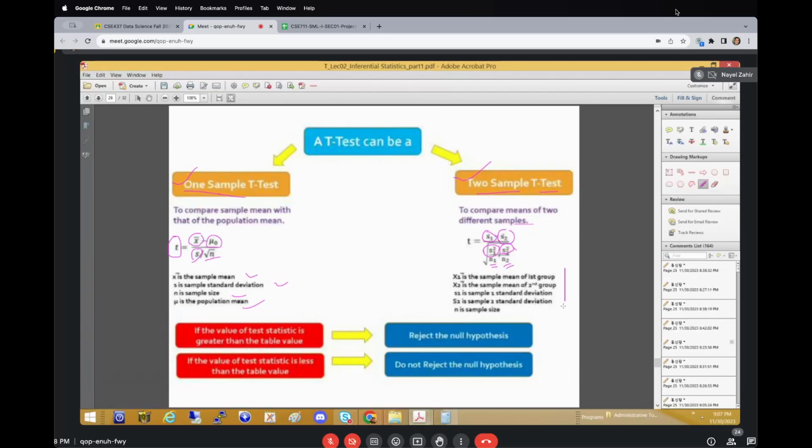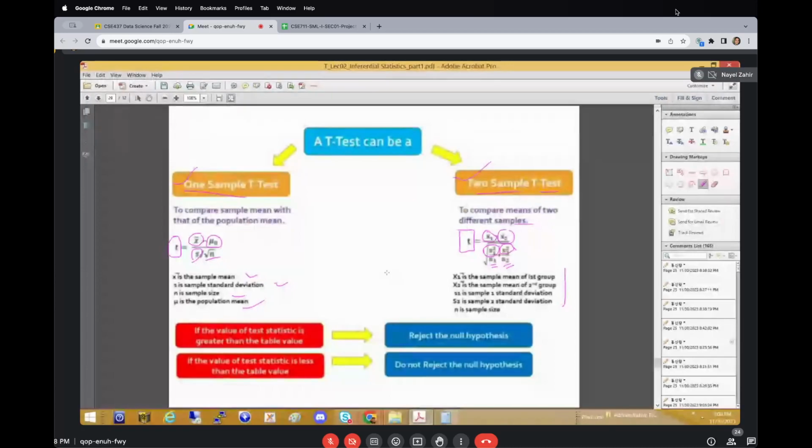In this way we can find the value of t. This is the t statistic. Then we compare it with the table of t, and then think about whether we have to reject or accept the null hypothesis.